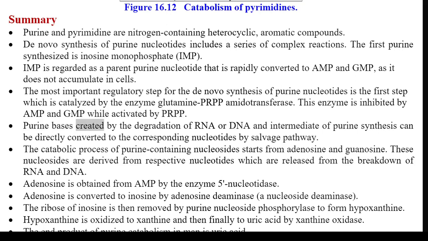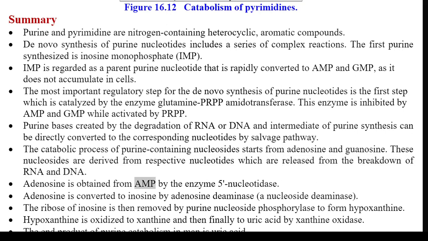Purine bases created by the degradation of RNA or DNA, or an intermediate of purine synthesis, can be directly converted to the corresponding nucleotides by the salvage pathway. The catabolic process of purine-containing nucleosides starts from adenosine and guanosine. These nucleosides are derived from respective nucleotides which are released from the breakdown of RNA and DNA.